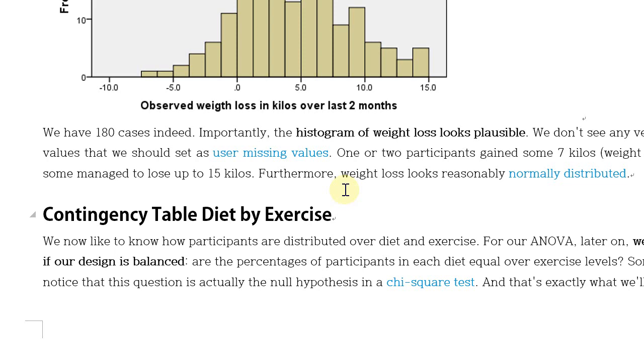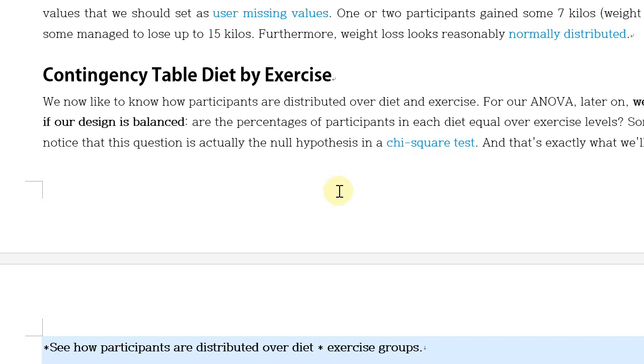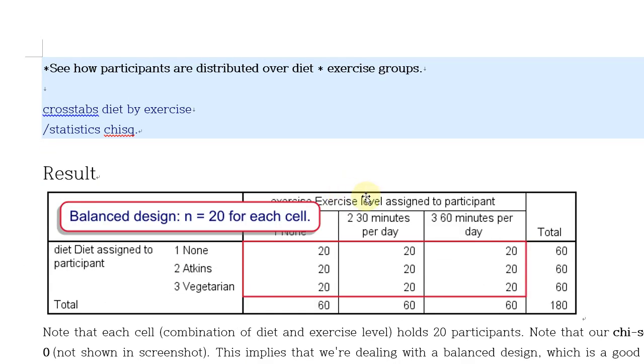So we make the contingency table, diet by exercise, and the impact of exercise and diet. You make the contingency table like this. Okay, this is good. Of course, it is a balanced design, the number is 2 for each cell.